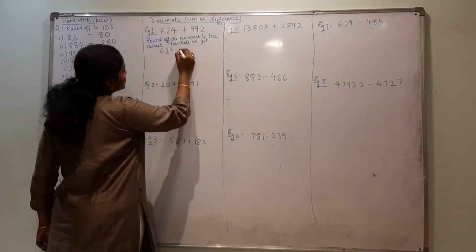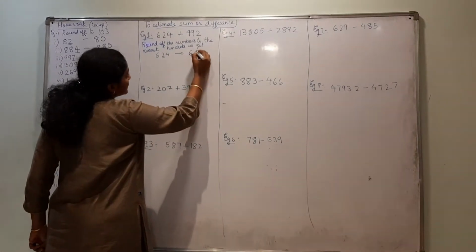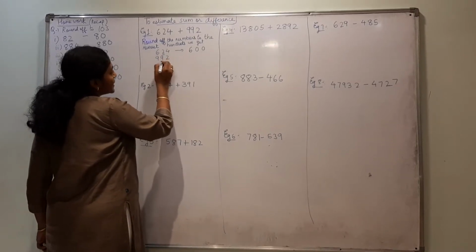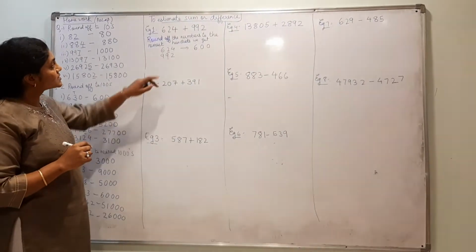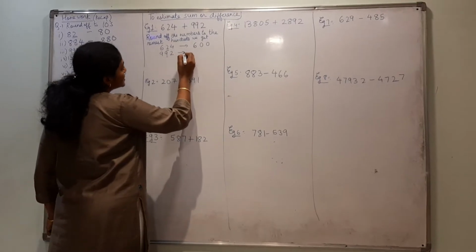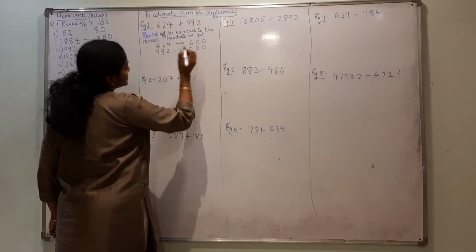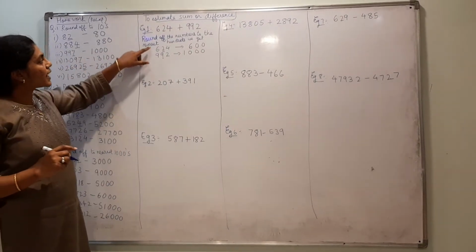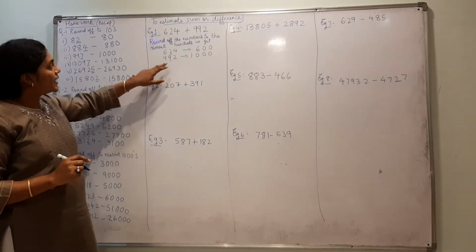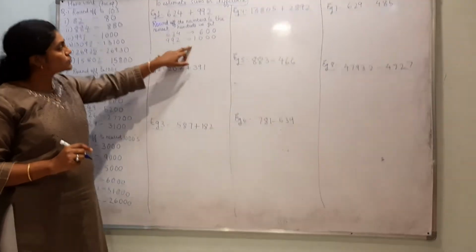So here if I look at the tens place, less than 5, this is 600. Then 992, again at tens place. So this is more than 5. I will add 1 to it. So this will be 1000. So in this way I have rounded off 624 to 600 and 992 to 1000.